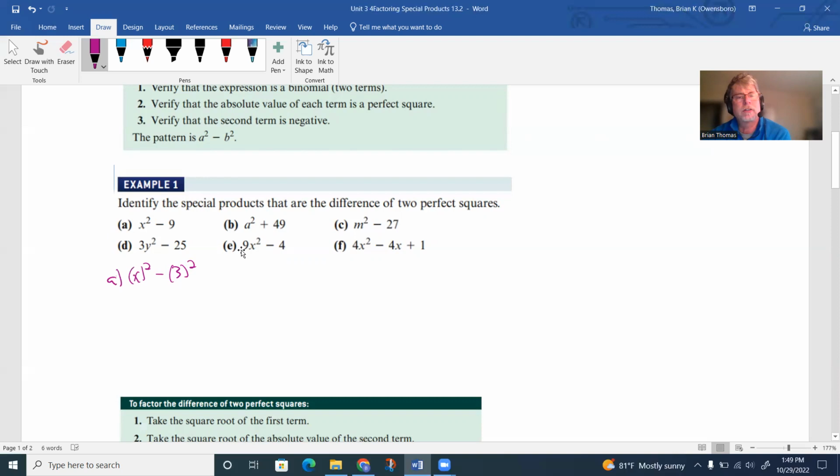If you look at B, notice the first term is a perfect square because it's raised to a power of 2. And we know that 7 squared is 49, so that's a power of 2 as well. But notice the middle sign is not a subtraction symbol, so it's not a difference of squares. If I look at C, we have m squared minus 27.